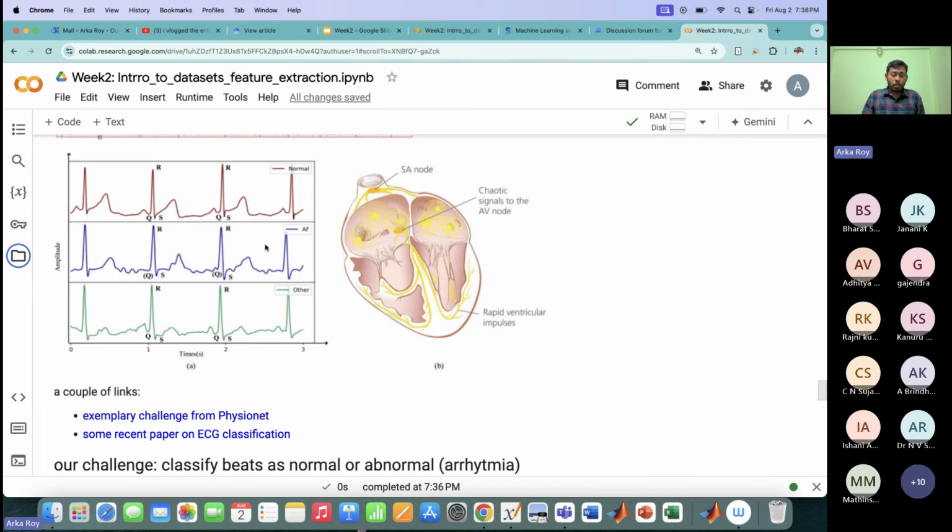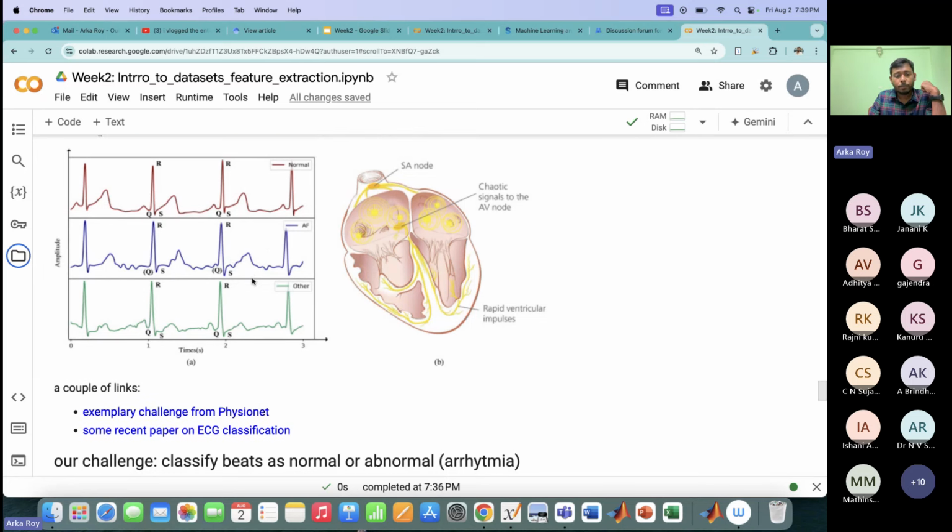Now, in case of heart disorder, the common heart disorder is called arrhythmia. Arrhythmia basically means an abnormal rhythm of the heart. Either the heart is beating quite fast, or it is skipping some beats, which is a pretty hazardous condition.